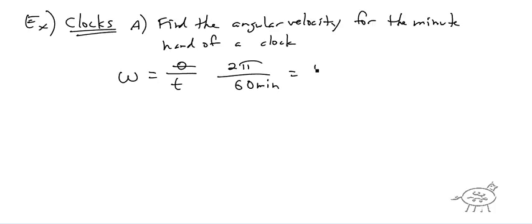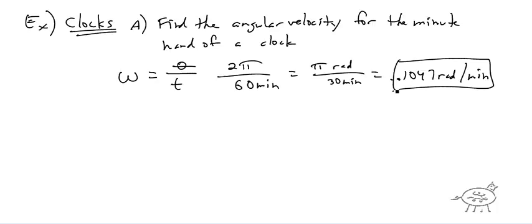That's equal to pi radians over 30 minutes, or we can say it's 0.1047 radians per minute. That is the angular velocity: 0.1047 radians per minute.